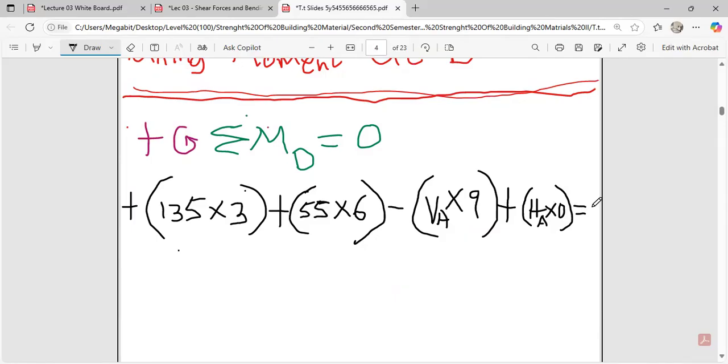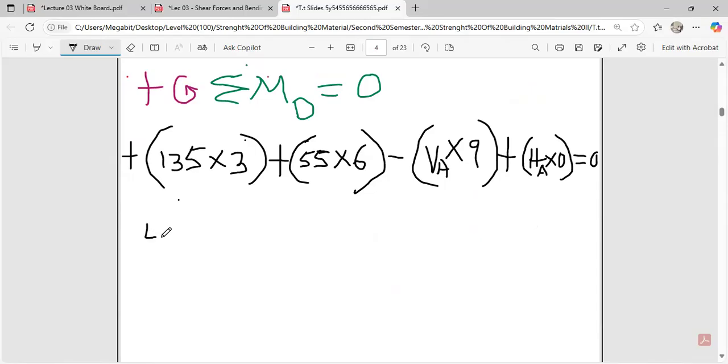Now the rest is mathematics, so we just simplify. 135 times 3 is going to give you 405. 55 times 6 is 330.